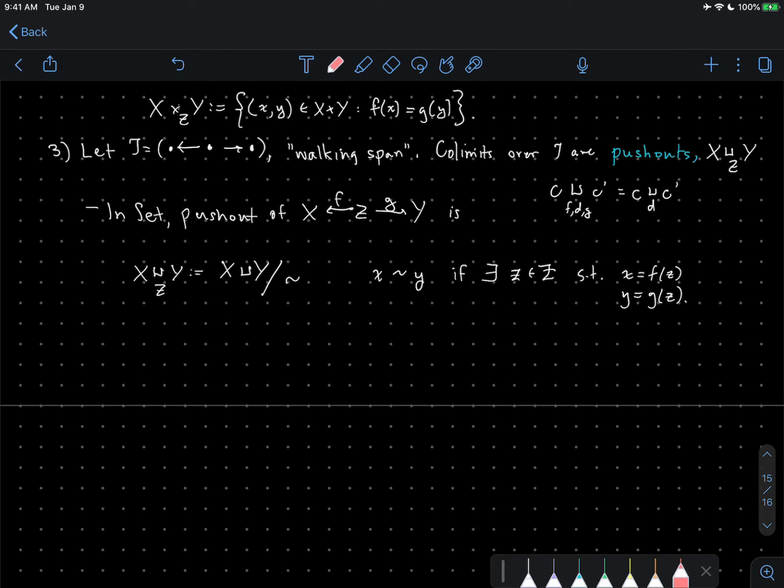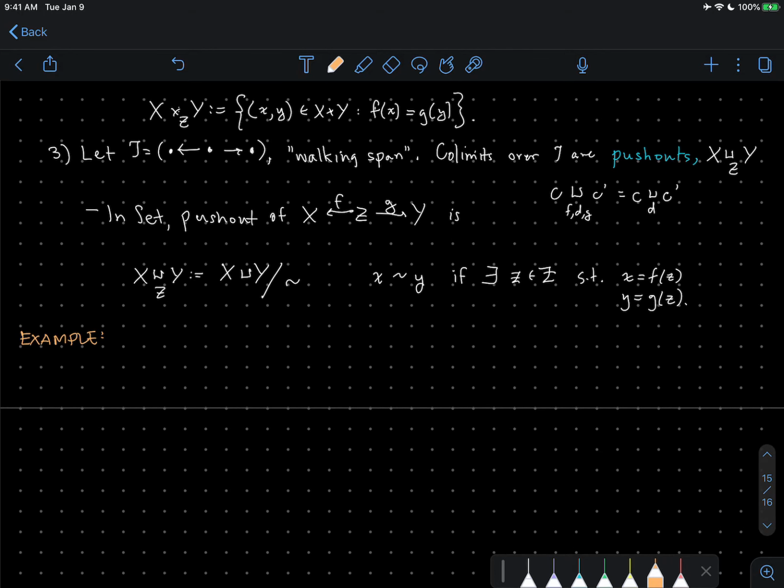Here's an example as well. The category Cat has all limits and colimits. In particular, it has products.